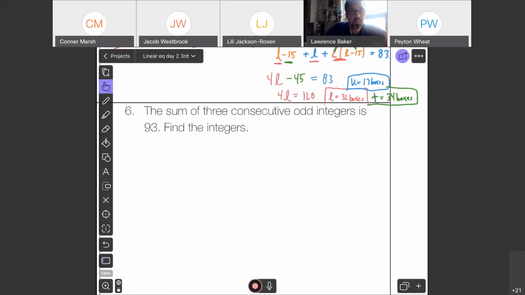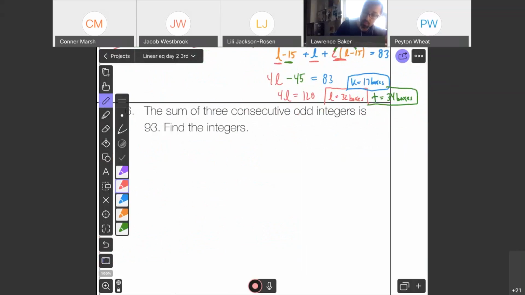The last one's pretty similar to the one we just did. We see that we're consecutive again. The only thing different here is that we're talking about consecutive odd integers, and we've got 3 of them. Still summing. So what are consecutive odd integers? An example would be 1, 3, 5, or 17, 19, 21.